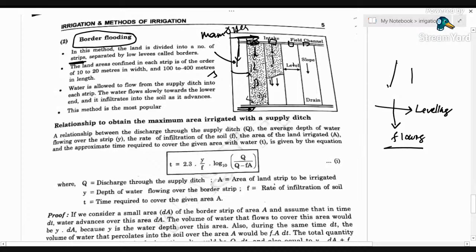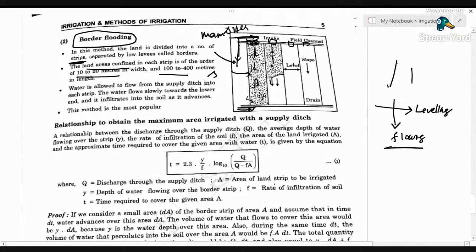So the efficiency is increased in border flooding. Each land area is divided into small strips, with a length of 10 to 20 meters and a width of 100 to 400 meters.